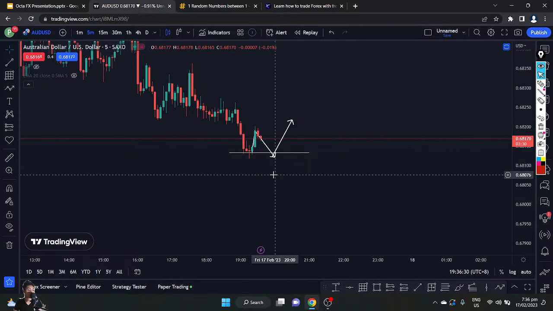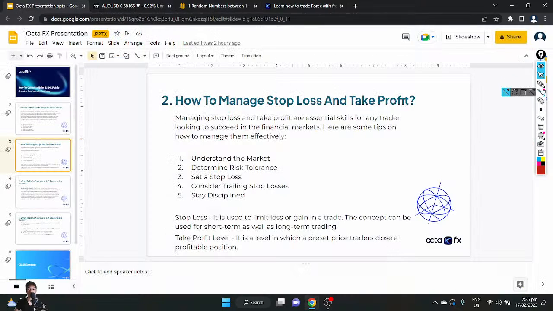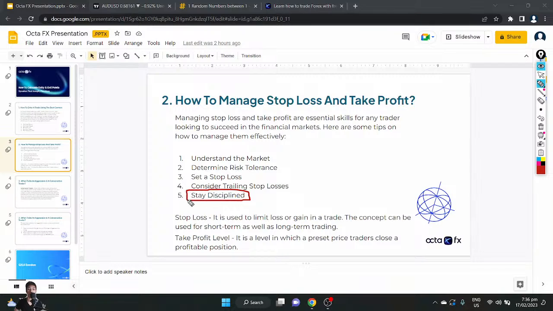So if you are experiencing this losing streak, always remember to stay disciplined, because once you feel emotional, it could be the start of your downfall, or the start of you losing your account if you can't stay disciplined. Okay, so please remember to stay disciplined always, because the market is volatile.